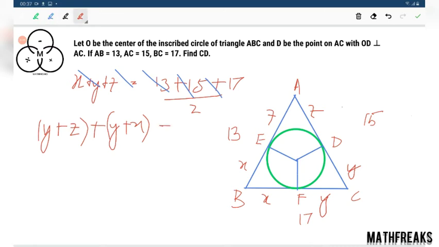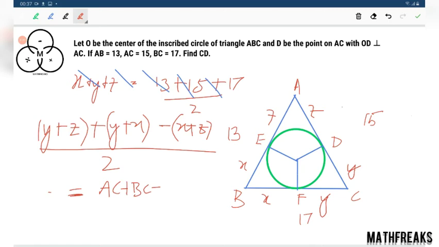Subtracting x plus z, we get 2 times y, which divided by 2 can be written as AC plus BC minus AB, divided by 2.